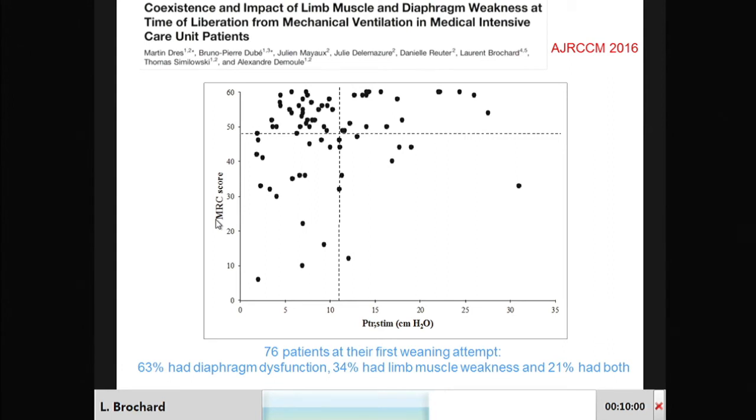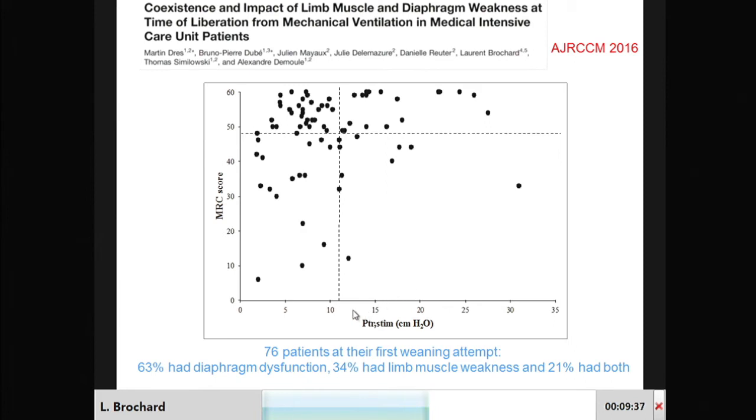The first question was, is diaphragm dysfunction frequent at the time when we start weaning from mechanical ventilation? These are medical patients, so in a medical ICU, and he said, let's look at how many patients have a twitch pressure which is 11 or below, so that this is clear dysfunction.